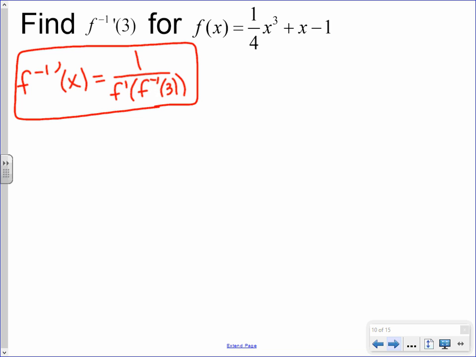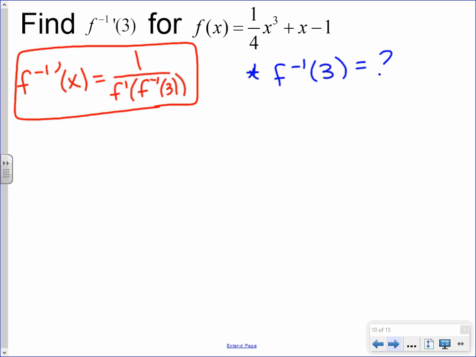Okay. So, first of all, we need two things here. We know that we're going to need to plug a number into f prime, right? We're going to need f inverse of 3 to plug into f prime, and we're actually going to need to know what f inverse of 3 is. So we need to find first, what is f inverse of 3?